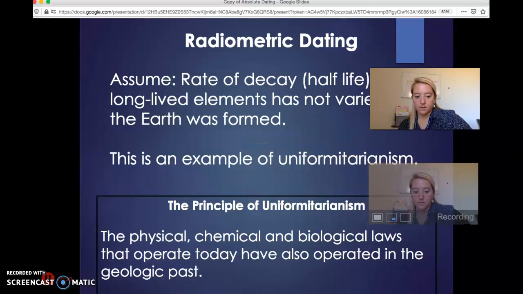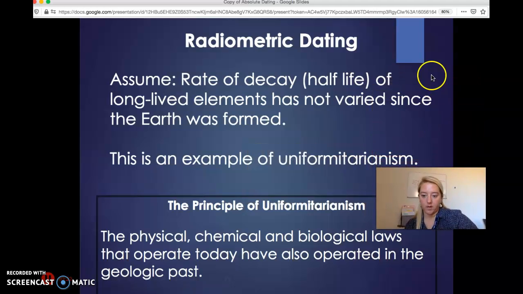And to finish up our lecture, with radiometric dating, we can assume that the rate of decay, the half-life of a long-lived element, has not varied since the Earth was formed, meaning that it takes 704 million years for uranium to have one half-life. We're assuming that throughout those years, the half-life of uranium has not changed.